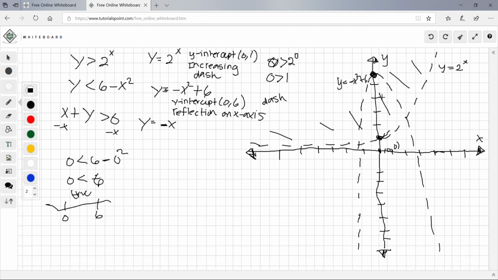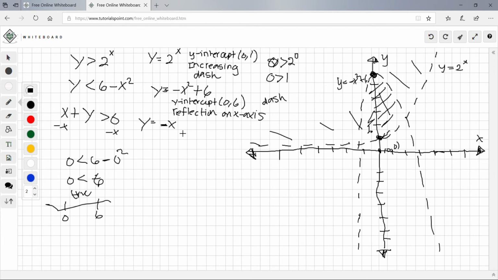So I'm going to shade it in this region. I'm going to do a little bit of a darker shade because now it satisfies this inequality.